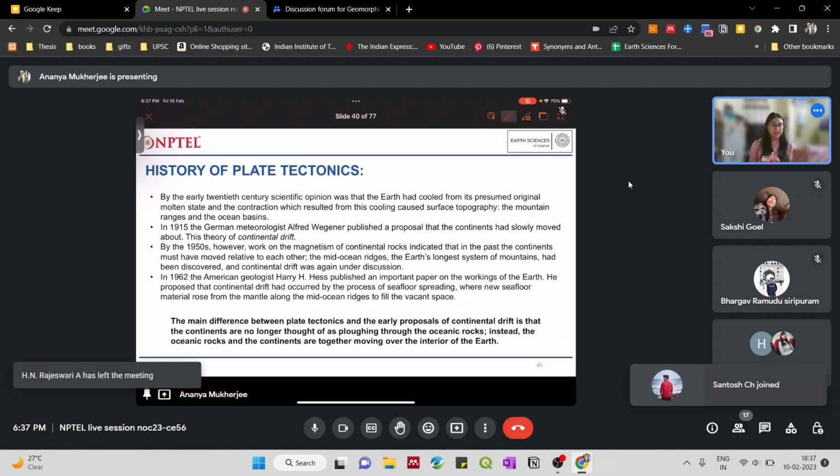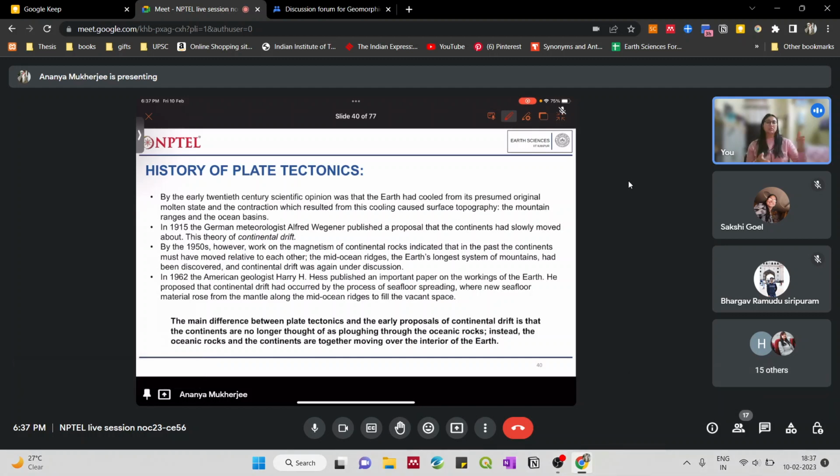It also explained that the magnetism forms a repetitive pattern along the mid-oceanic ridges that were found. They were actually described as the mountains that are being found on the ocean floor.